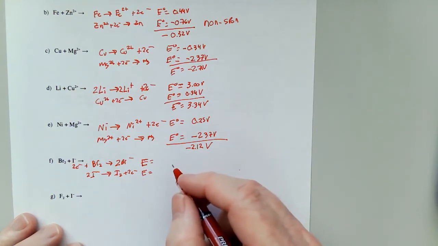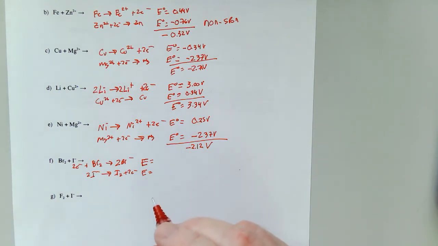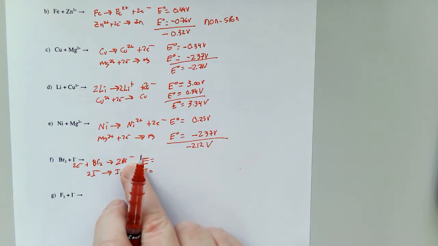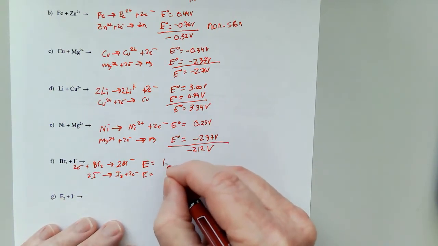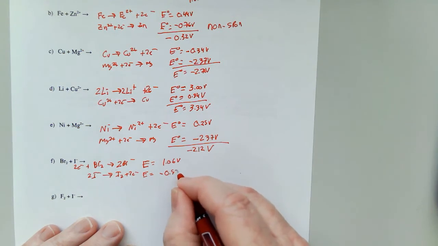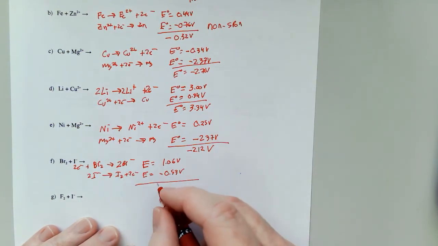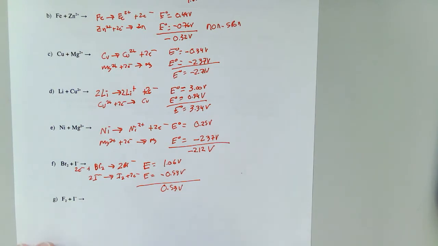So now, the value for the bromine, I check my table here, that's not one I'm remembering off the top of my head. That is 1.06 volts. And the other one is a negative 0.53 volts. Add that together and I get 0.53 volts. It's spontaneous.